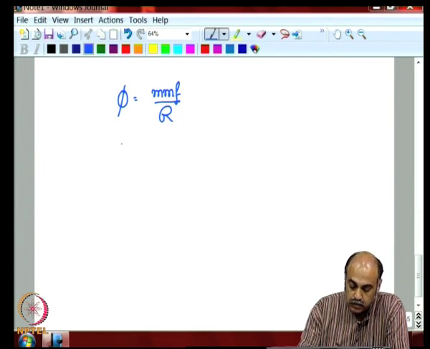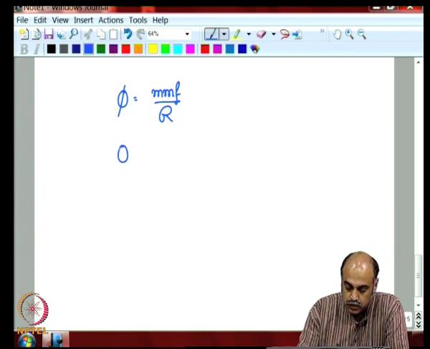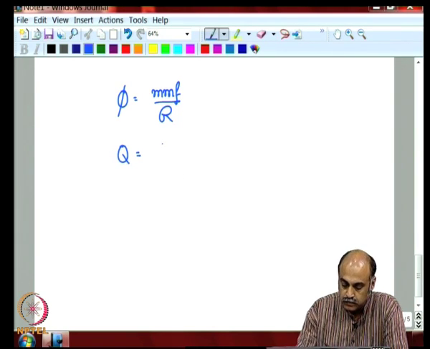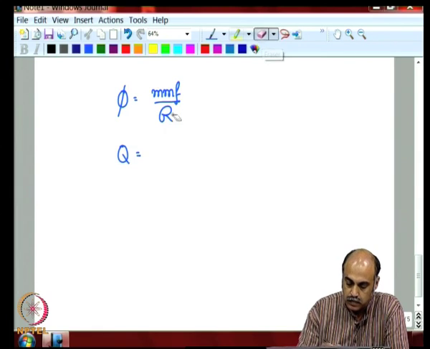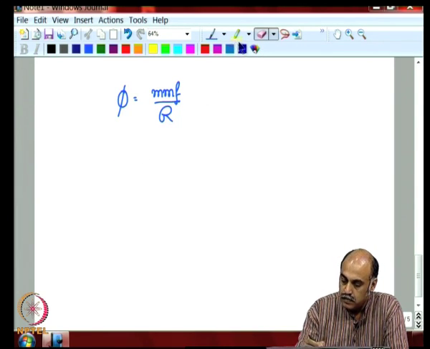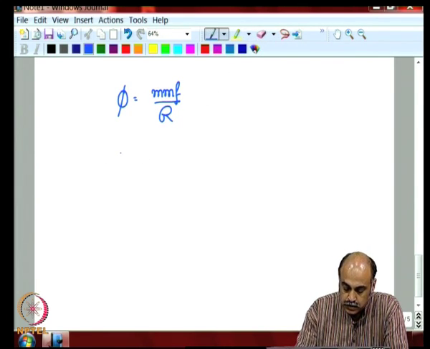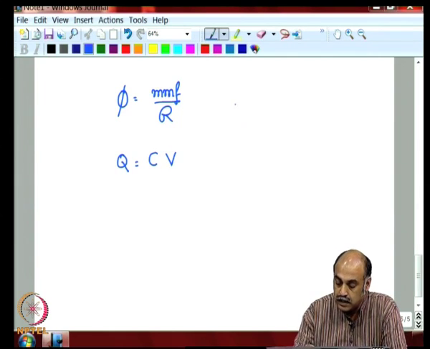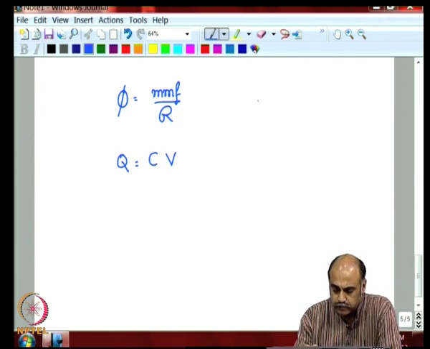It is more related to the Q is equal to CV formula rather than I is equal to V by R.